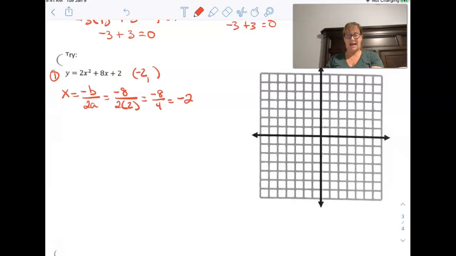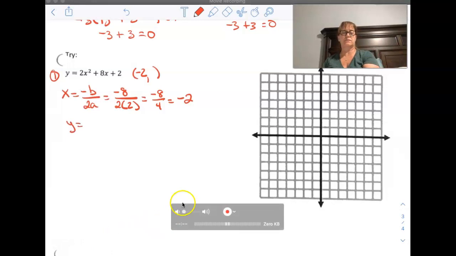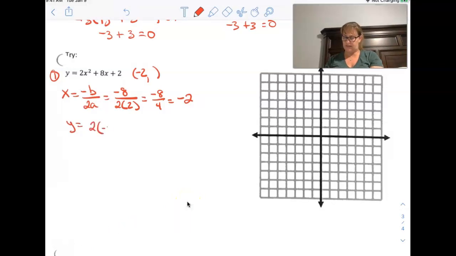Now we use that to find what our y value is. y equals 2 times -2 squared plus 8 times -2 plus 2.